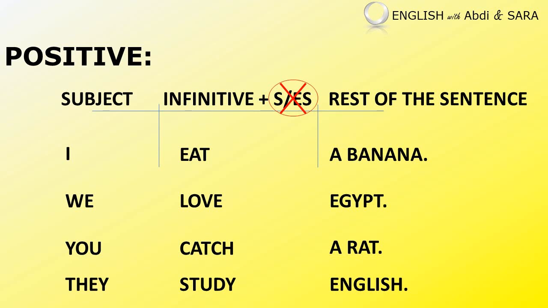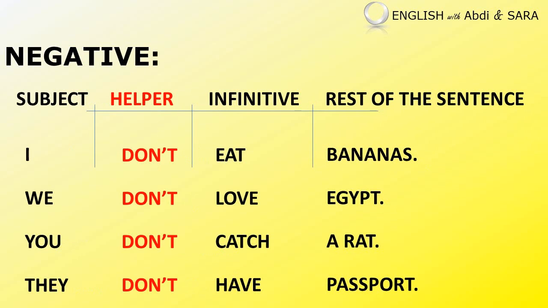These are positive sentences. Let us look at the form of negative sentences. Now, in a negative sentence, we need a helper. The helpers are don't or do not and doesn't or does not. Again, we will group our subject into two categories.